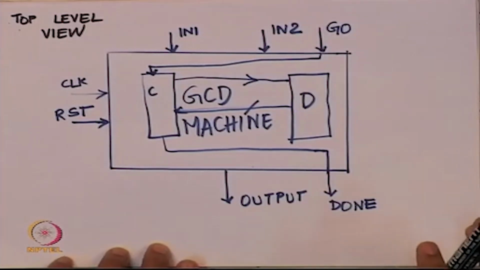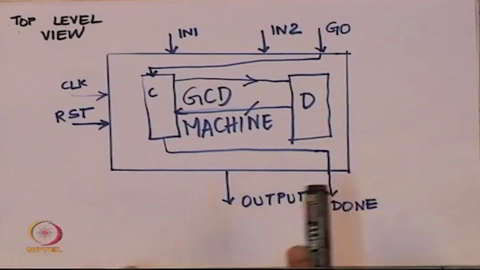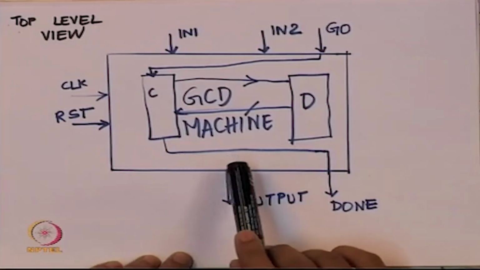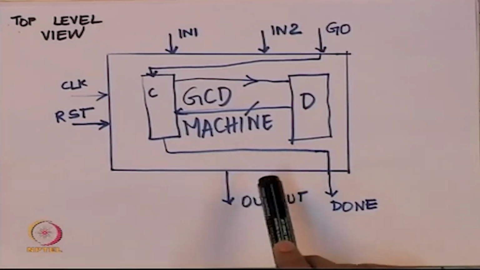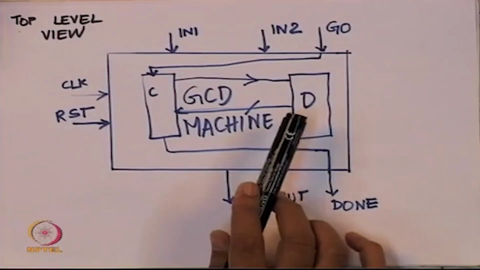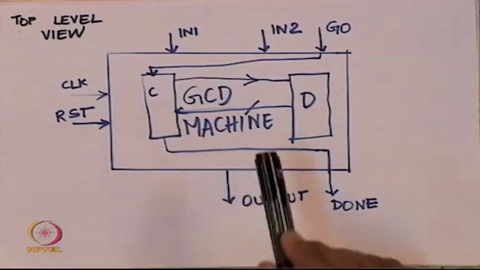So the first thing we are going to do is write a module description for the top level module, and this top level module needed actually two different modules. One of the modules is the controller and one of the modules is the data path, and what the top level module in turn will have is a set of things.